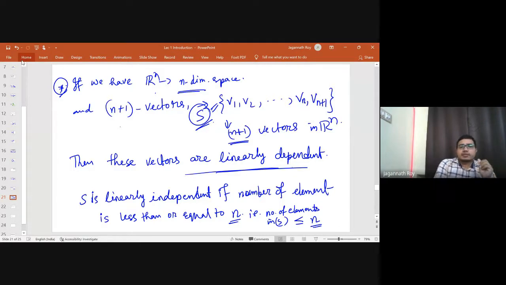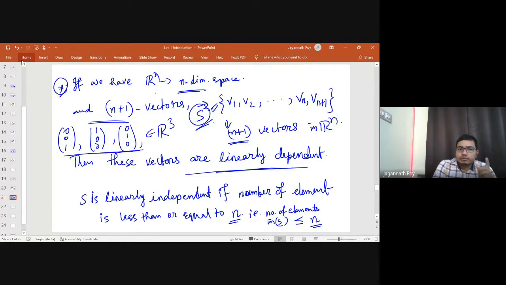But it can happen that 1 0 0 and 0 1 0 in R3 are linearly independent, but only two vectors. Even with 0 0 1 they are independent, so three vectors. But if you add one more vector 1 2 3 and try to verify whether they are independent or not, then this set is definitely going to be dependent.